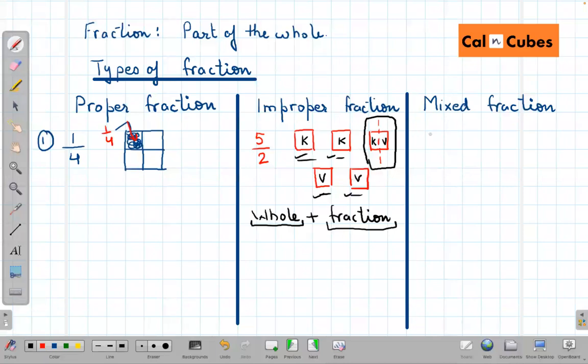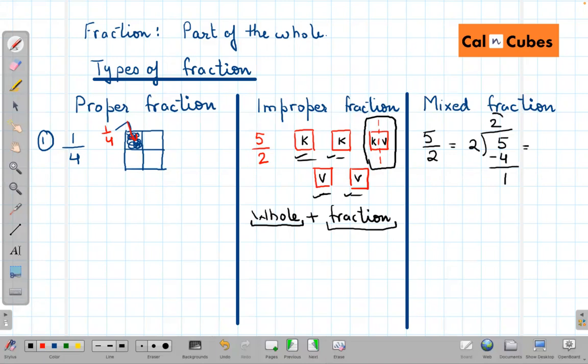Okay. Now come to mixed fraction. Mixed fraction and improper fractions are very similar. For example, if I write 5/2 and I divide them, I will write 5 inside and 2 outside. So 2 2s are 4, isn't it? And on subtraction, I will get 1.